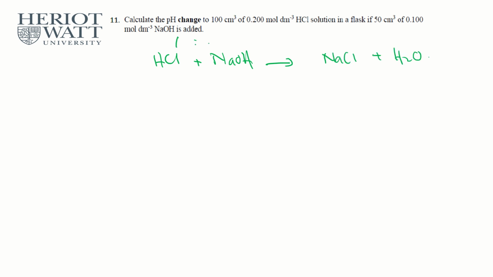All right, ratio 1:1. Calculate the mole for each. I have 100 cm cubed of 0.2 molar. So initially I have 0.2 times 100 over 1000, I will get the mole of HCl used initially.